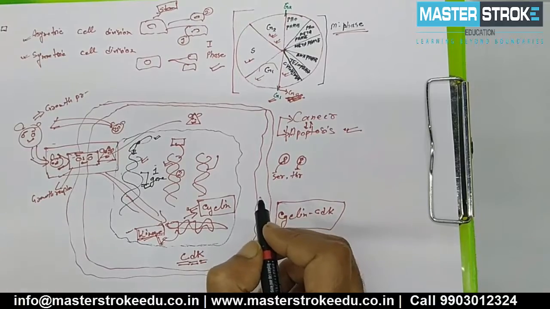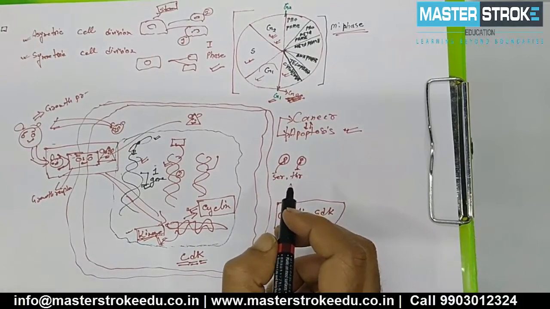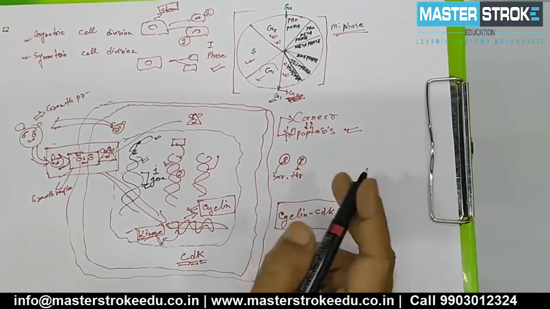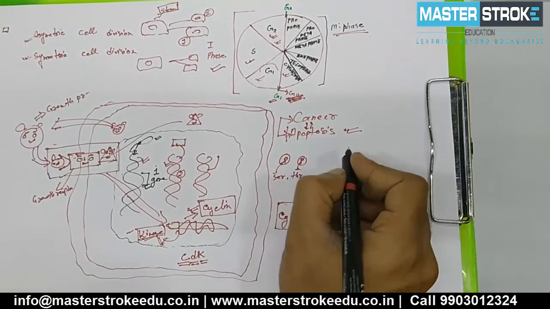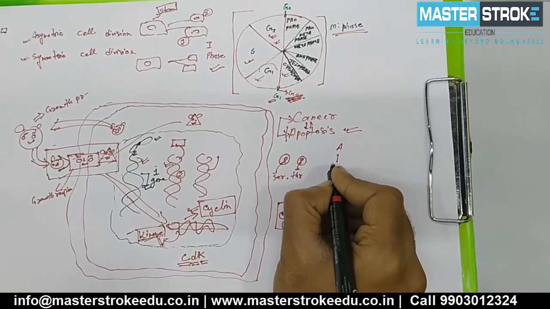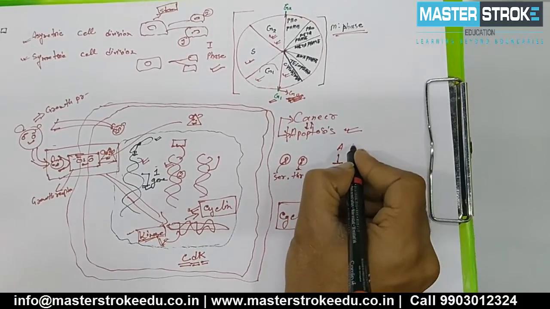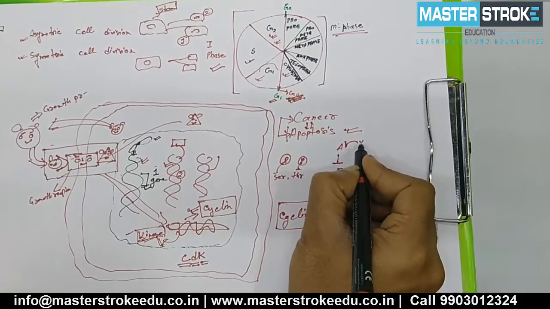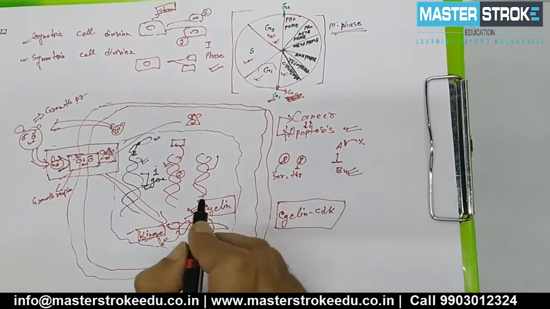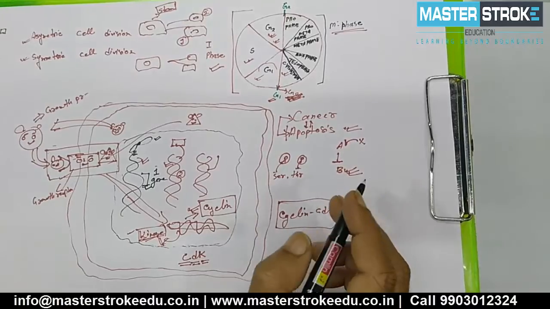If we use a blocker, or if a blocker naturally acts against such an inhibitor, this is called a double negative gate. A is responsible for inhibiting B. Now if we inhibit A by X, then B will be extremely produced. So think about the same thing.